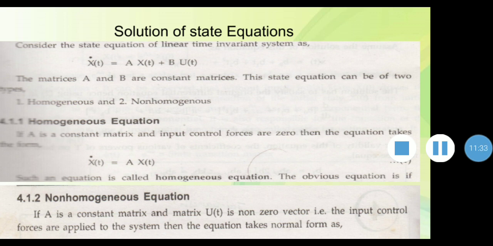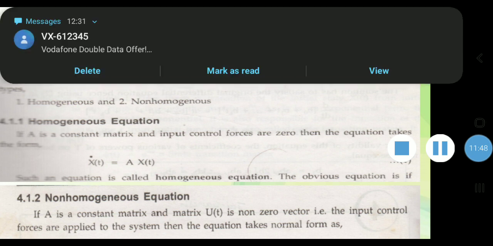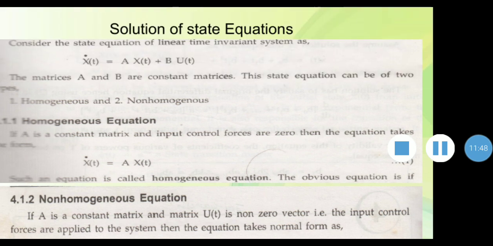Hence, it is necessary to obtain the state vector x of t which satisfies the state equation x dot t is equal to Ax of t plus Bu of t at any time t. This is called the solution of state equations, which helps to obtain the output response of a system.